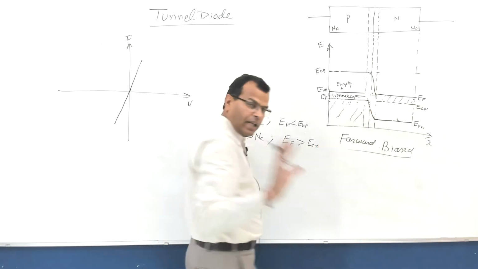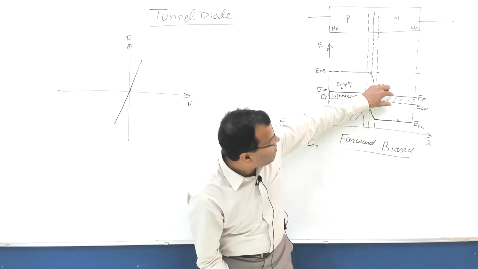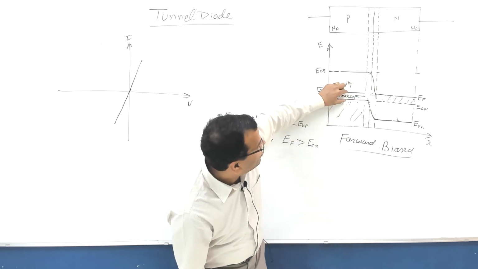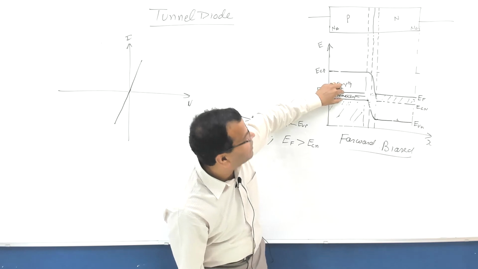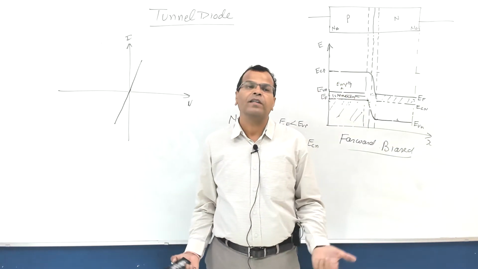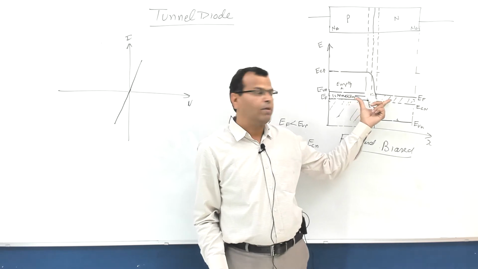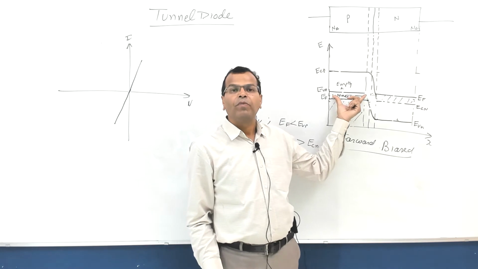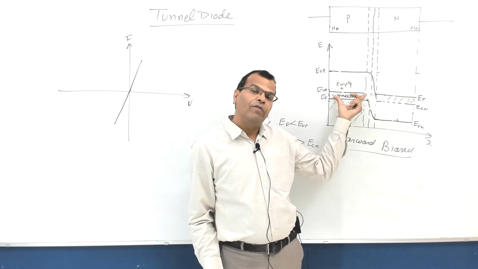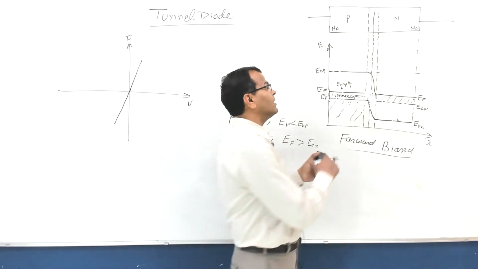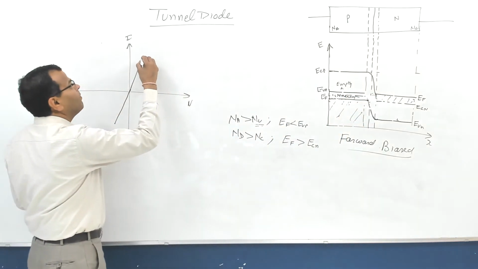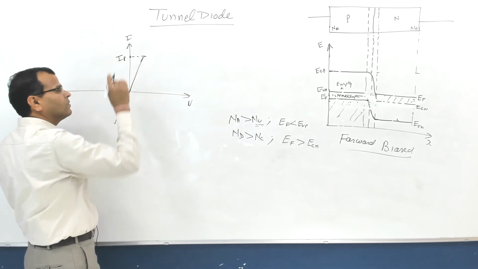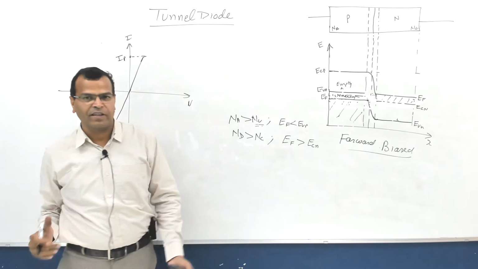In that case, there will be a maximum number of occupied energy states corresponding to a maximum number of empty energy states on P side. This is the condition of maximum energy states occupied on N side and maximum energy states vacant on P side. So tunneling current will be maximum, and that current is known as peak current. You will understand when I talk about it gradually.